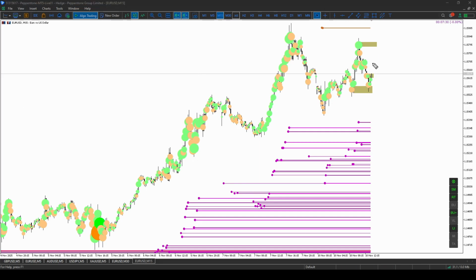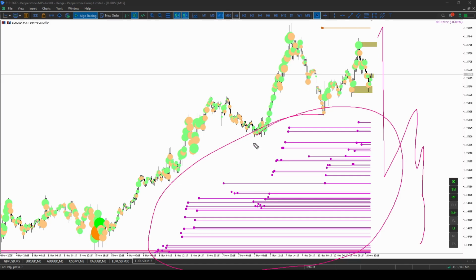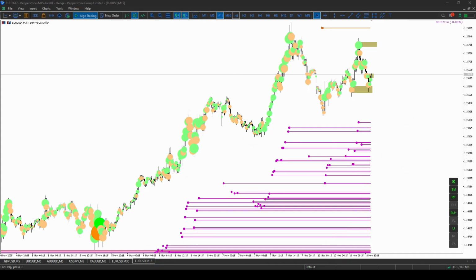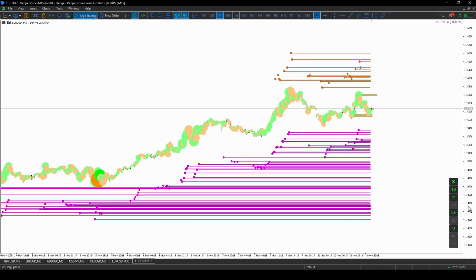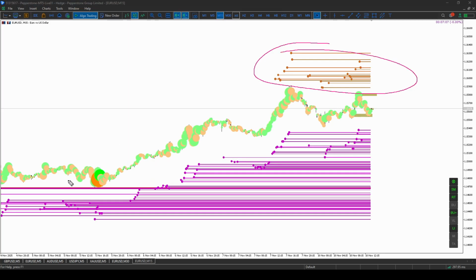Remember guys, there is a high chance when price drops, it grabs all the liquidity at the bottom, because there is not much liquidity in that particular time frame, but still we can see there is liquidity in here.